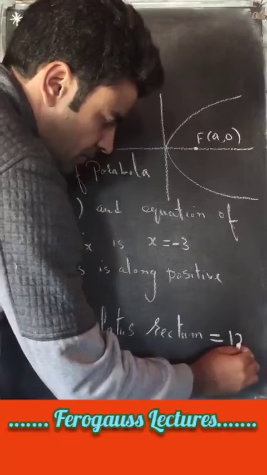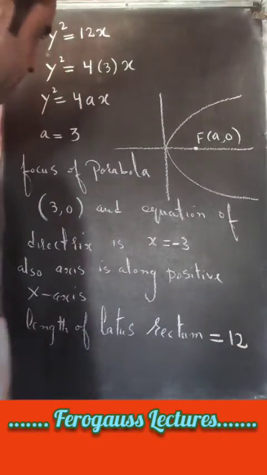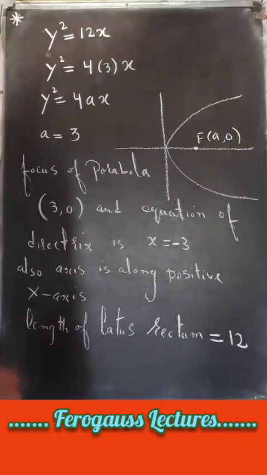So in this case, length of latus rectum is 12. Okay, this completes the question.